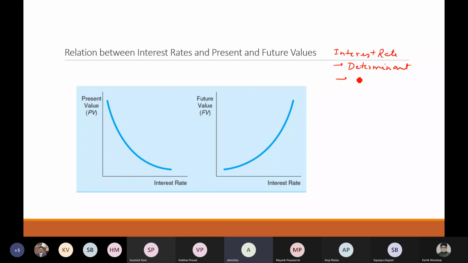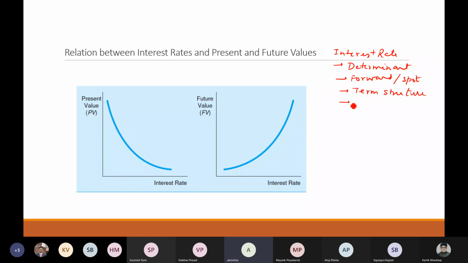Then we talked about forward rate, forward versus spot rate. And then we talked about term structure. Term structure we have discussed.